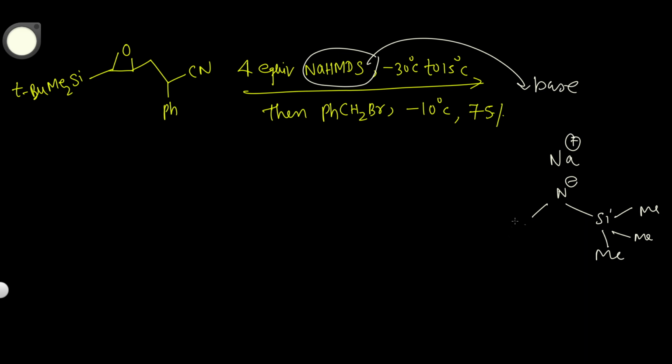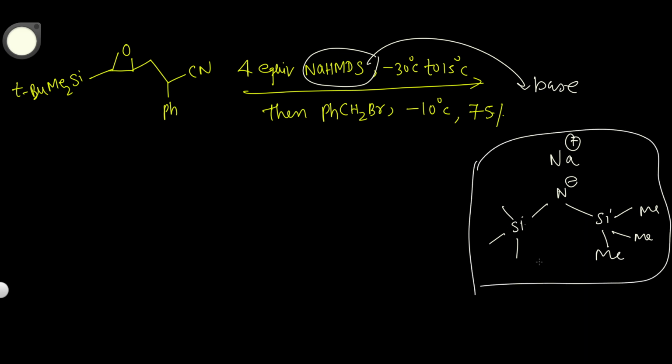Here is also silicon, and from the silicon 3 Me groups are joined. This whole molecule is NaHMDS, right? This is a nitrogen, and this is the ionic bond between Na plus and nitrogen. If you want to write KHMDS, then just substitute the Na plus with K plus. That is called KHMDS, right? It works as a base, and the work of the base is to take a proton.